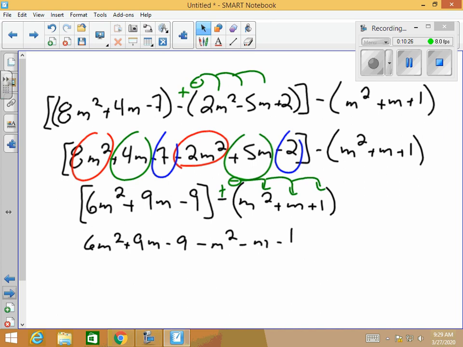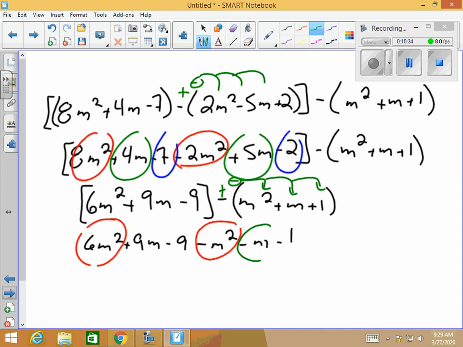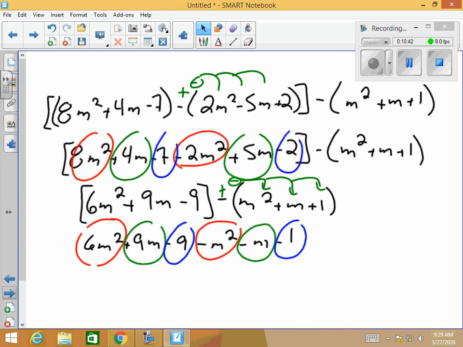And we combine like terms. Here we go again. I've got my m squareds. I got my m squareds. Here's my m's and my constants, right? So we combine like terms here, and we get 5m squared plus 8m, because when we're adding opposite signs, we find the difference and keep the sign of the larger, right?